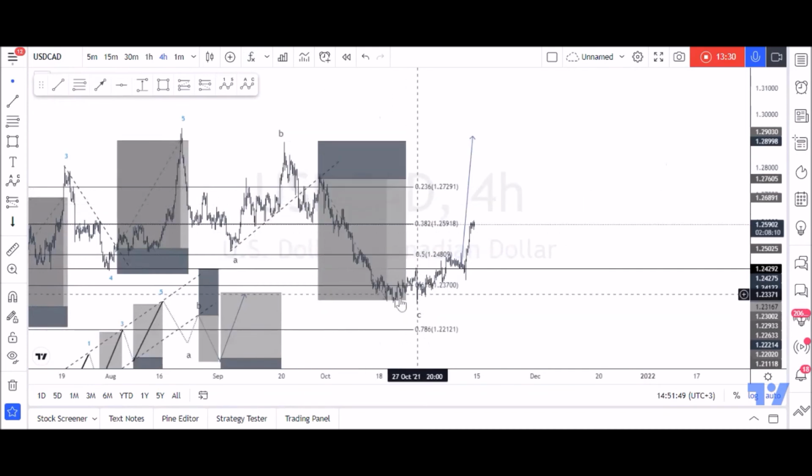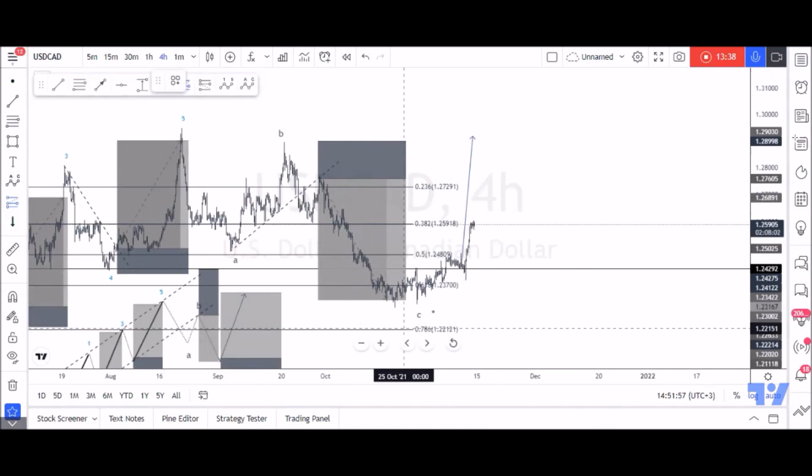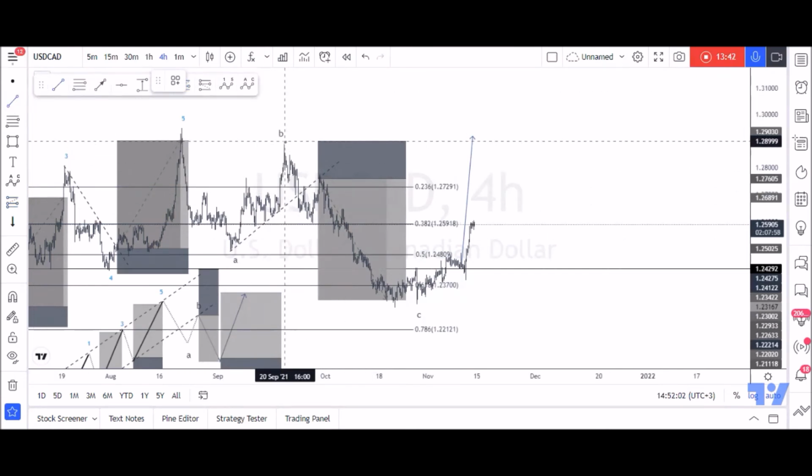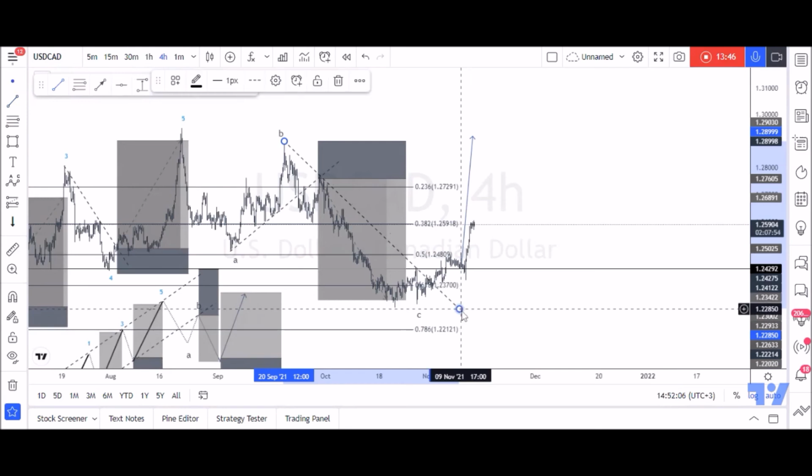Okay, another place that we said we're going to trade is the C to D wave. So going long. Again, we're going to add a trend line here.